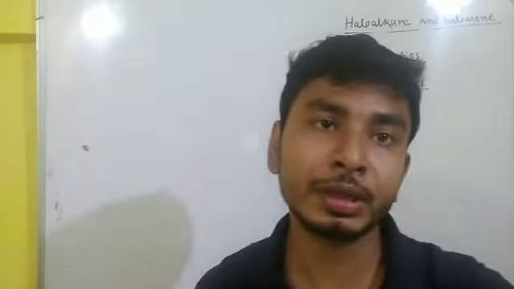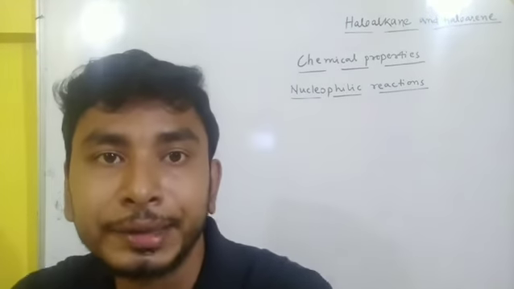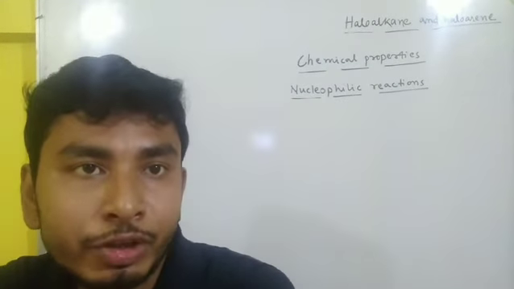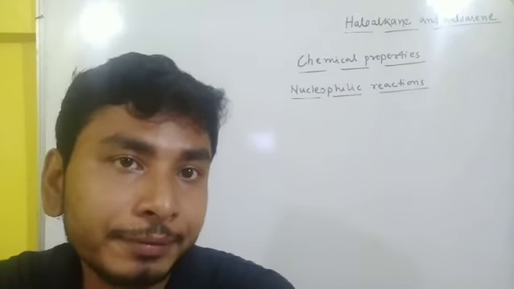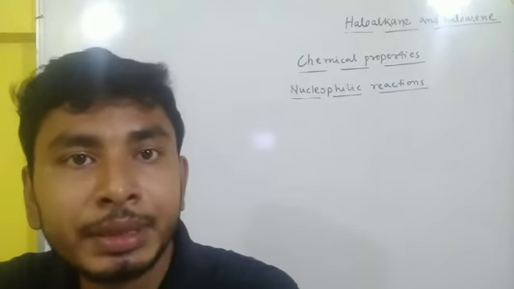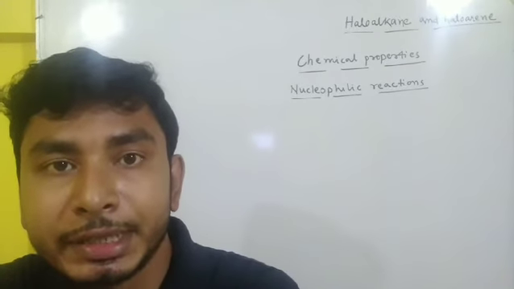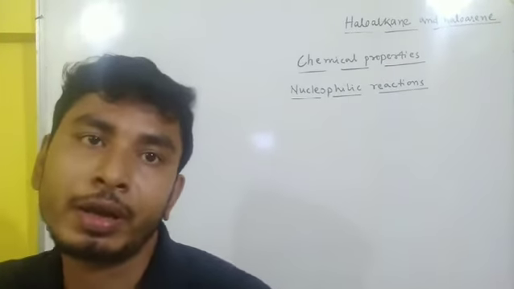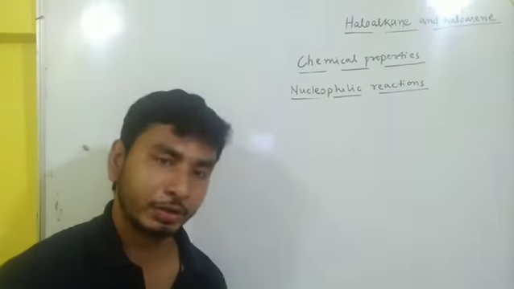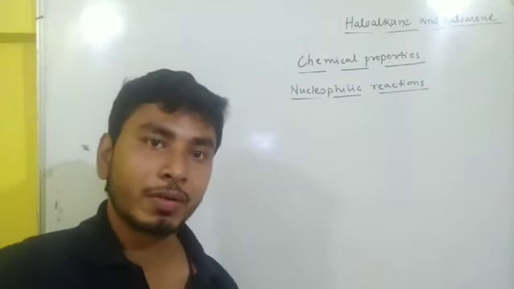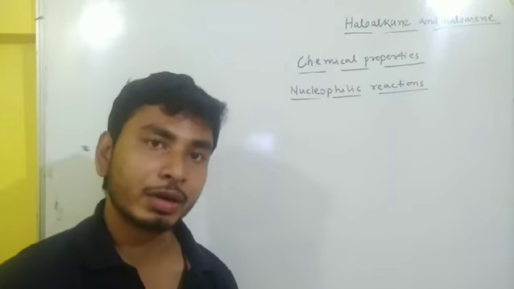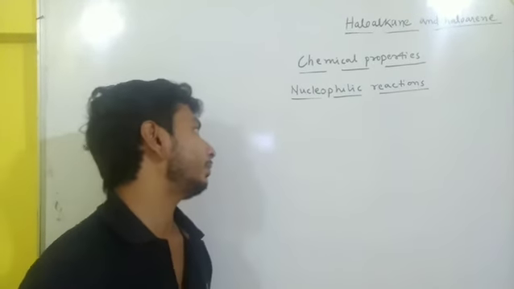Nucleophilic reaction means reaction with a nucleophile. Now, what do you mean by nucleophile? Any electron rich species is called a nucleophile. Electron rich species are known as nucleophiles, and electron deficient species are called electrophiles.